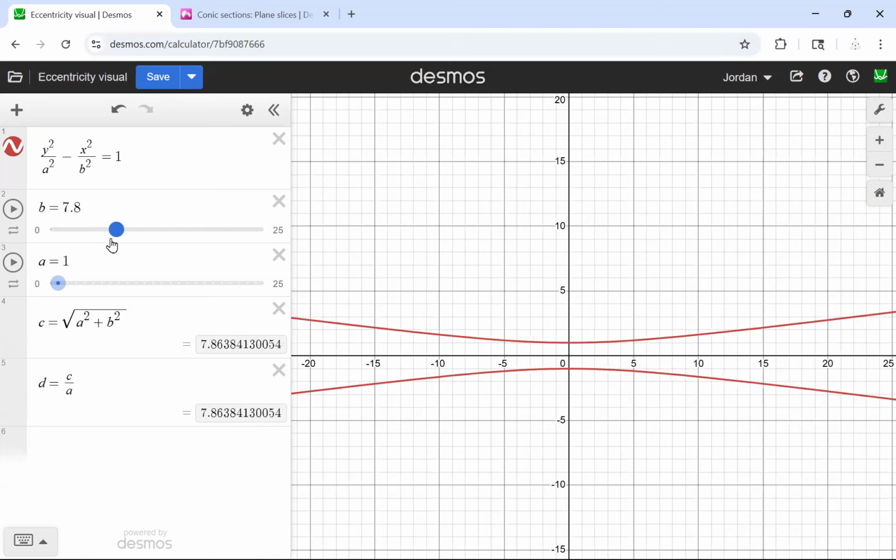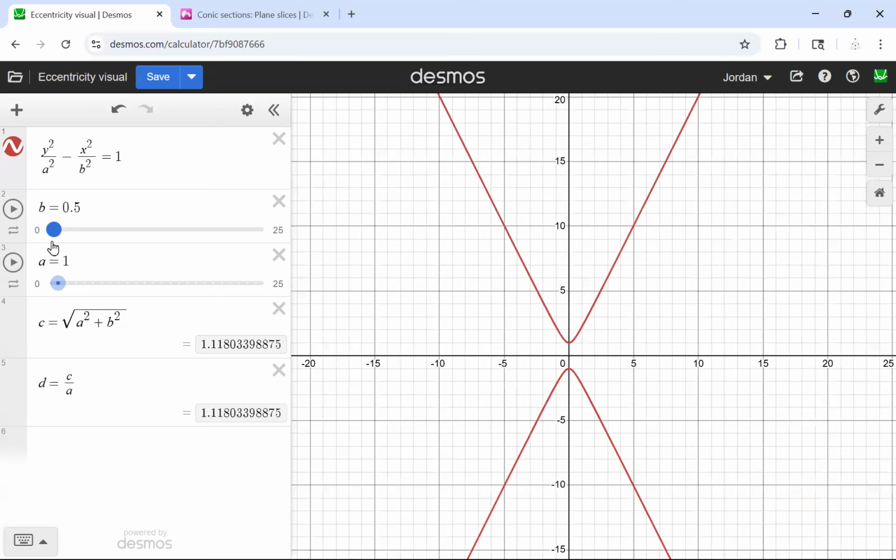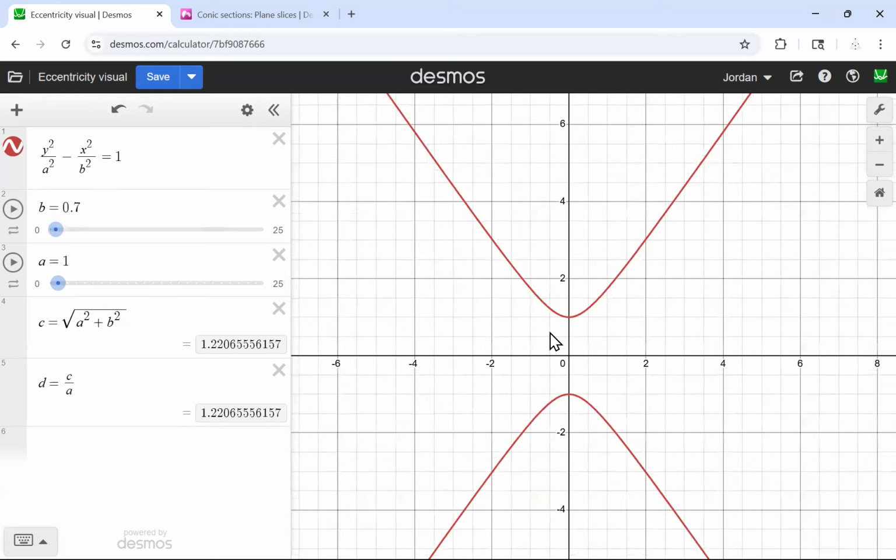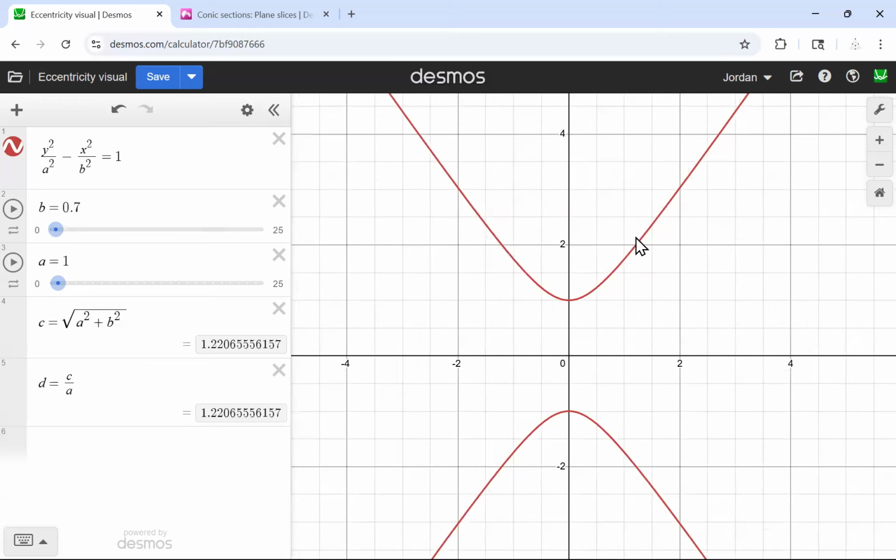As the eccentricity gets closer and closer to 1, then at this turn, they're a little bit more sharp. They're a little bit more parabolic looking at the turn. Hopefully that makes sense.